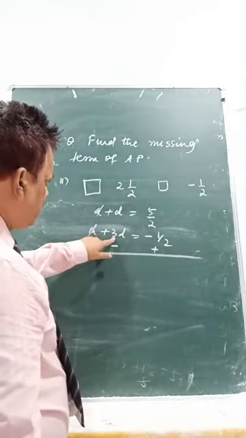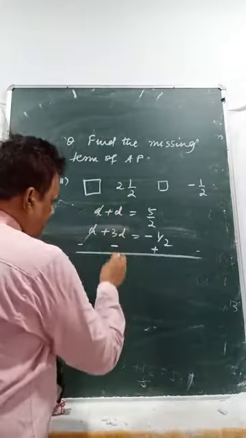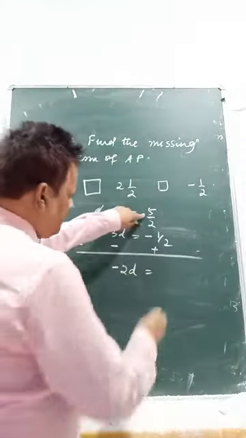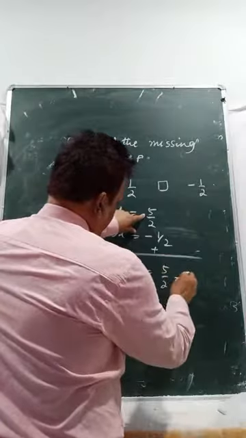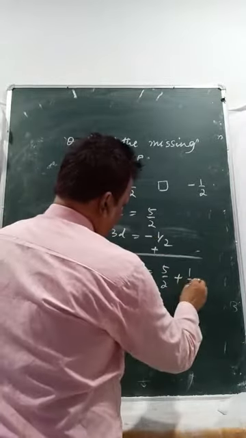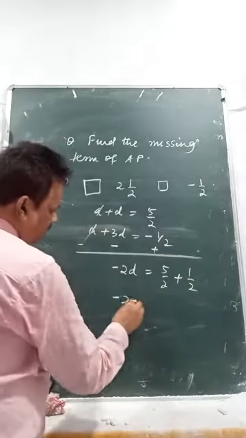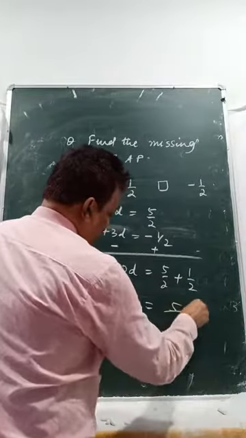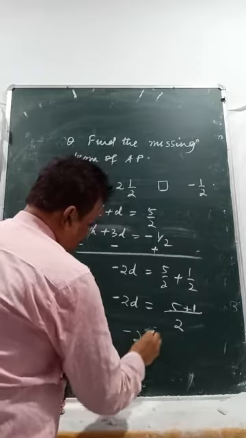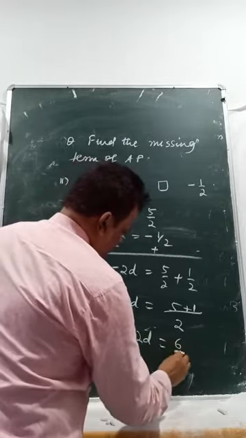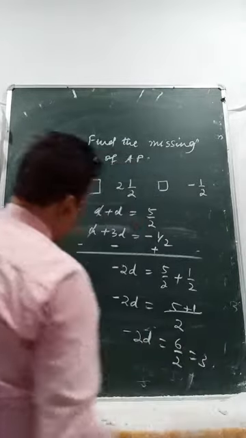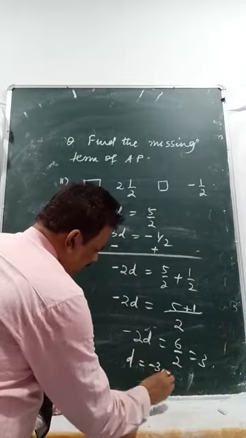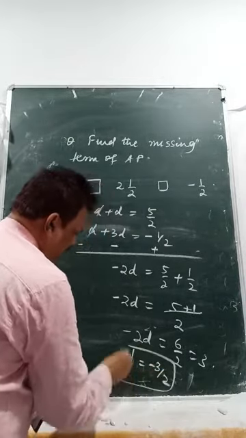D minus 3D is minus 2D. So this is 5 by 2 plus 1 by 2. So minus 2D equals, with LCM 2, 5 plus 1, minus 2D equals 6 by 2, that is 3. So D equals minus 3 by 2. Got the value of D or not?